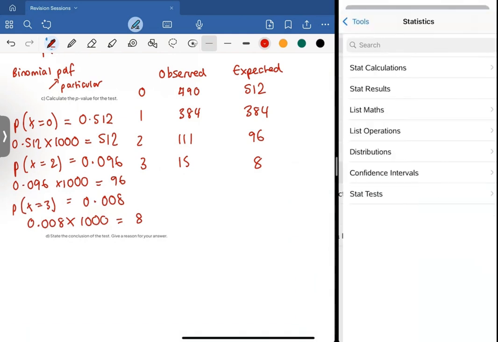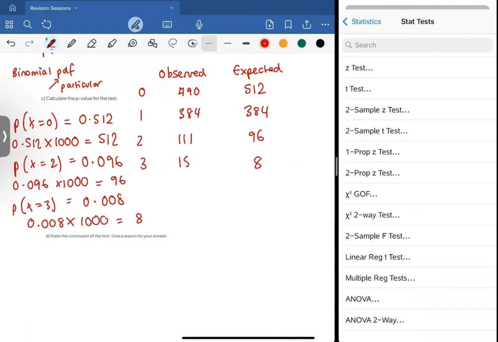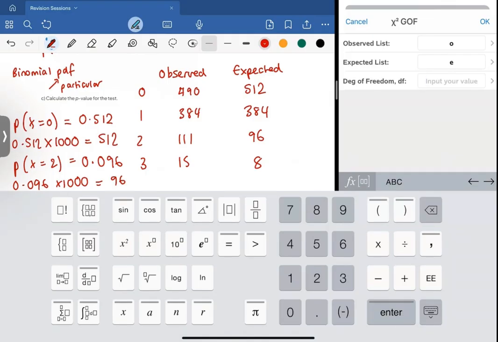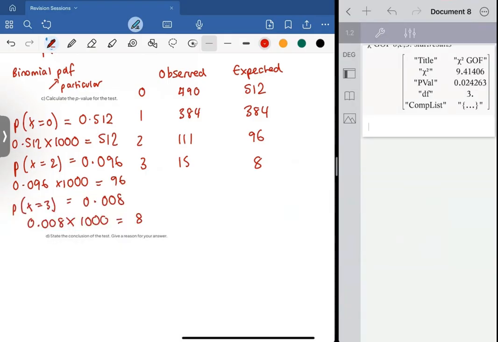I'm going to go to statistics, stats tests, chi-squared goodness of fit test. My observed list is called O. This one's called E. And then my degrees of freedom, well, I've got 4 rows, so 4 minus 1 is 3. And hit enter. Okay, so degrees of freedom was 3.